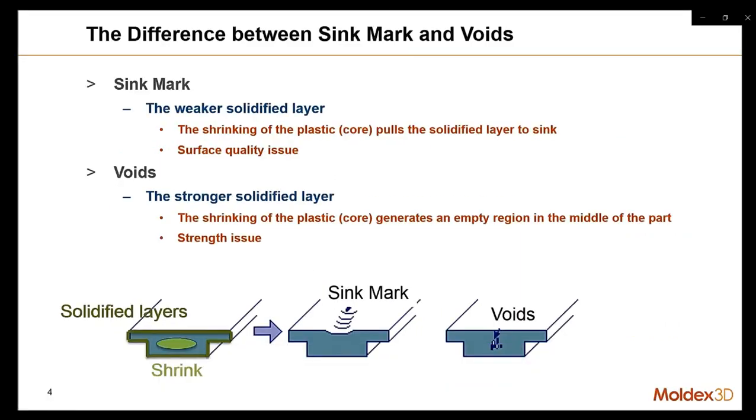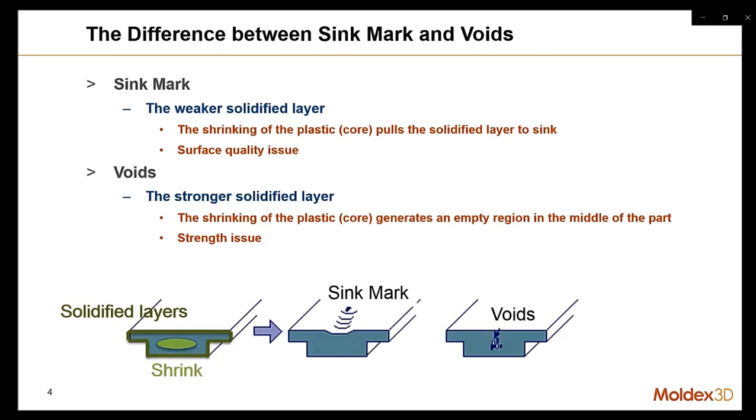So this is the same root cause, but we will get a different result. If the solidified layer is strong enough, meaning the shrinkage in the middle area cannot move the solidified layer, the shrinkage in the middle area will become a void just inside the part. That's the reason for the void.